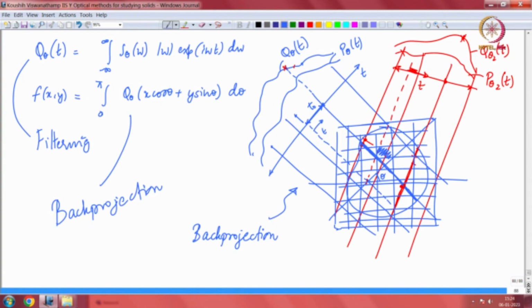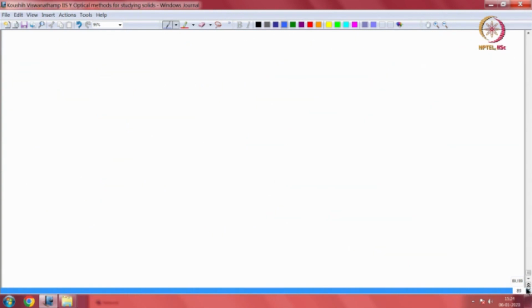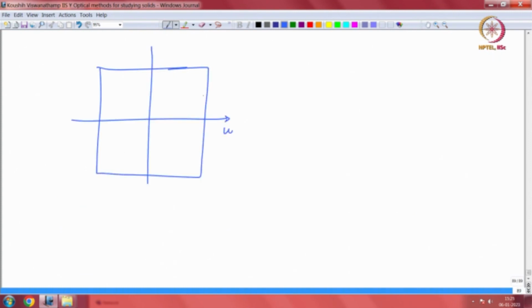The other problem with doing an inverse Fourier transform, I will just mention that now, is remember we said that if this is your UV domain, then every time you take an s theta of w, you are looking at one radial slice, right.